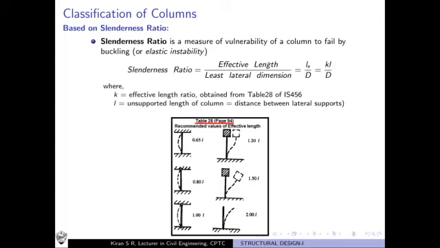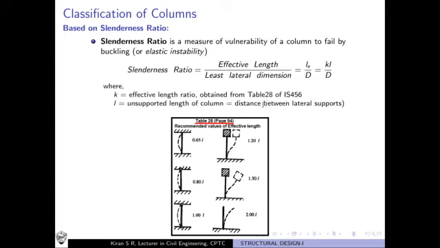So effective length l_e is equal to K into l, where K is the effective length ratio and l is the unsupported length of the column, or the true length of the column.